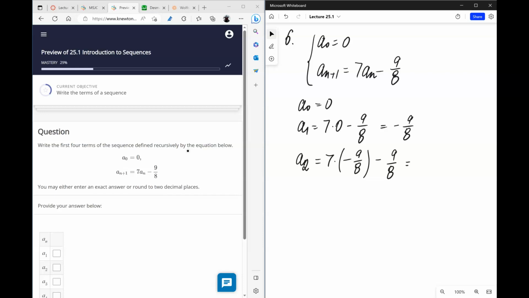So here we have 7 times 9 is 63, negative 63 minus 9 is negative, what, 72? 72 divided by 8, that's negative 9. A3 is 7 times negative 9 minus 9 eighths, negative 63.